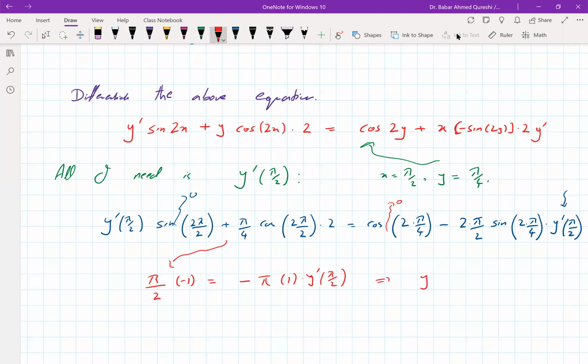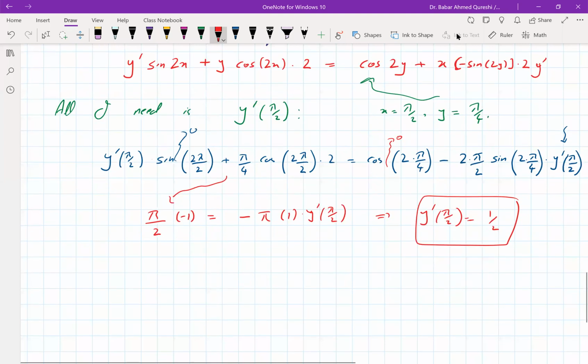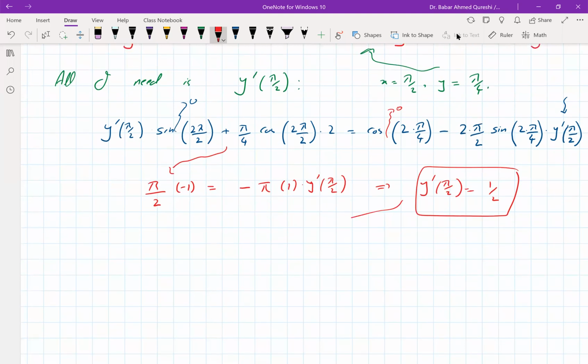So that means y dash of pi by 2 is simply half. And this is simply the slope of the tangent line at my required point.